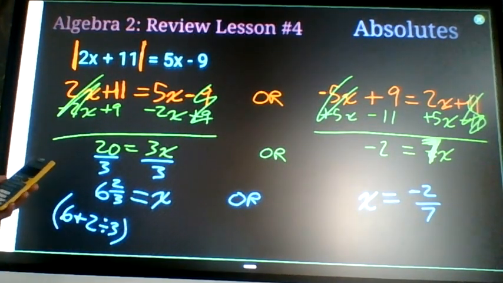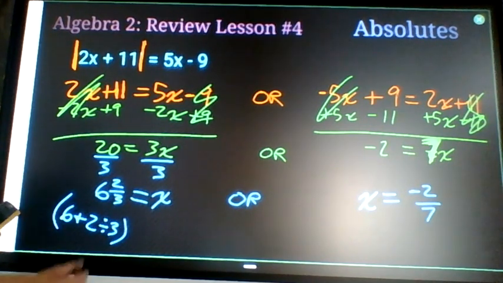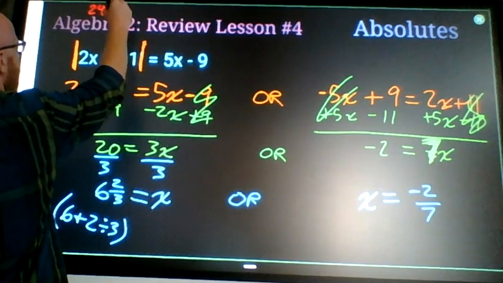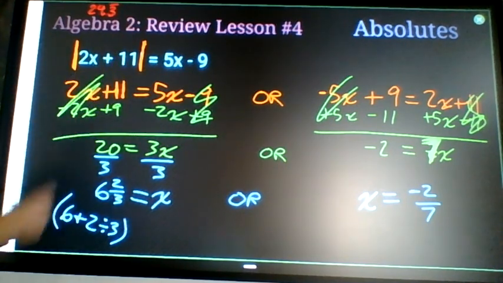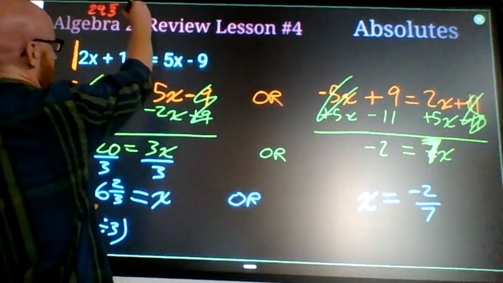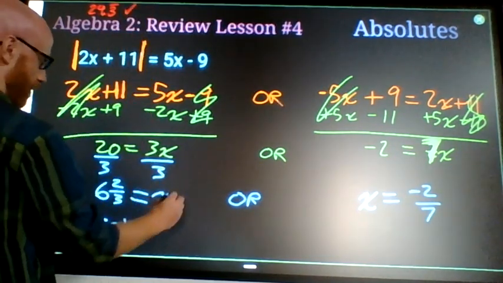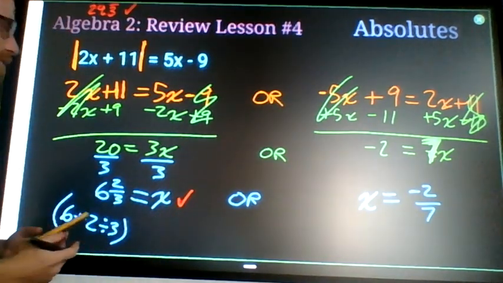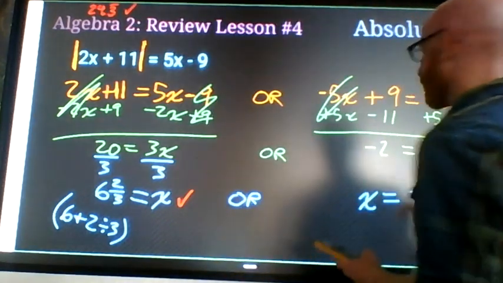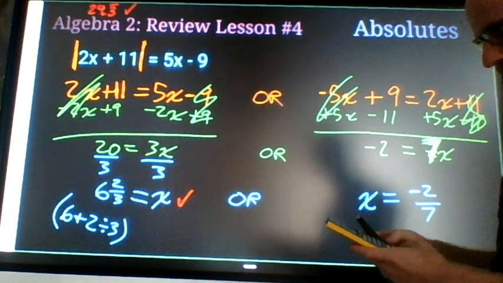That gives me a 24.3 repeating. On the left side, 5 times 6 2/3 gives me the same thing. Okay, so this one's cool. That's a true solution. Coming over here, 2 times negative 2/7.